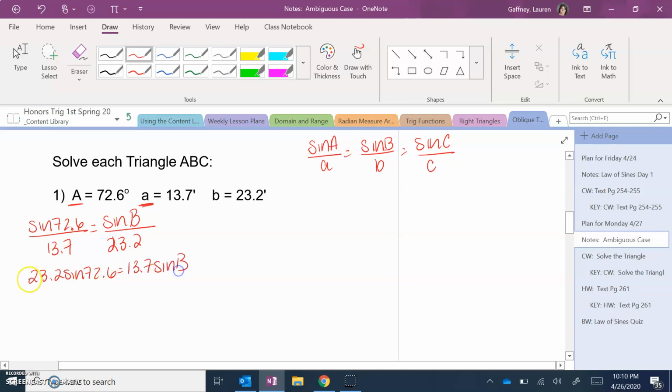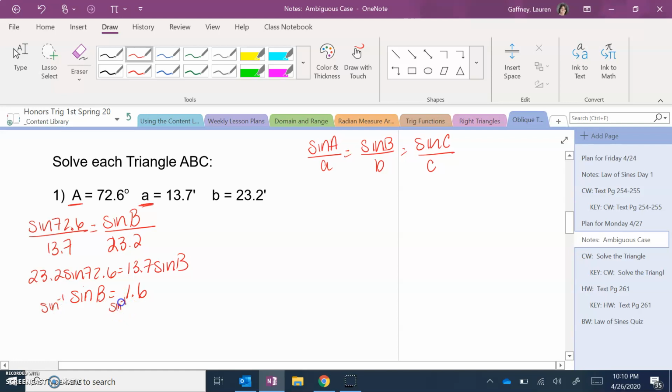If you figure out this value and divide by 13.7, you're going to get that sine of B equals 1.6. From there, to solve for angle B, we would do sine inverse of both sides.